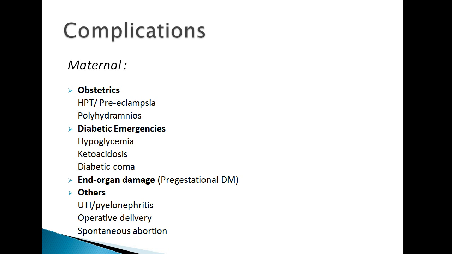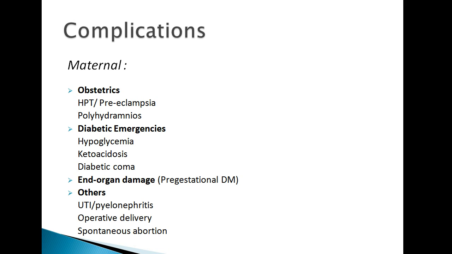Preeclampsia is the condition when your blood pressure is not controlled, and polyhydramnios is an increase in the volume of the amniotic fluid. If the sugar is not controlled, you can have diabetic emergencies where the sugar may become very high or very low. If very high, you can get ketoacidosis or diabetic coma, and if very low, you can get hypoglycemia.